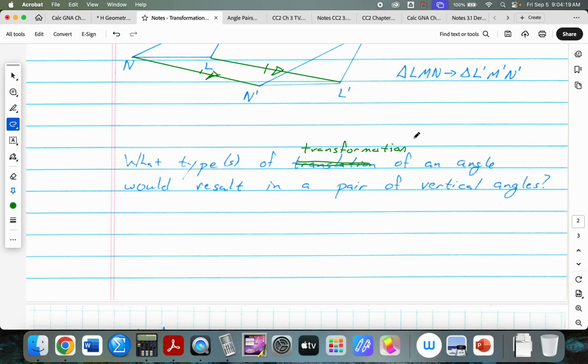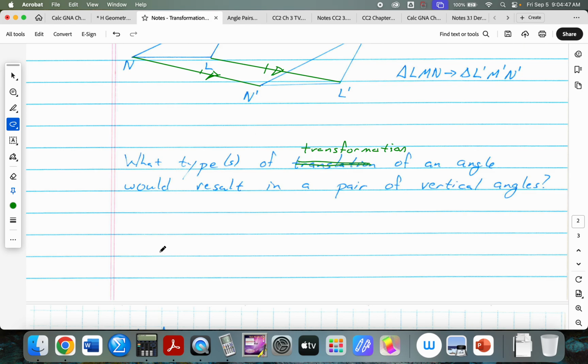Yes, sir. Reflection. Okay, a reflection, as long as you reflect it over the y-axis. No, well, it would depend on where the angle is. Yeah, as long as you reflect it over the axis of the point as well.